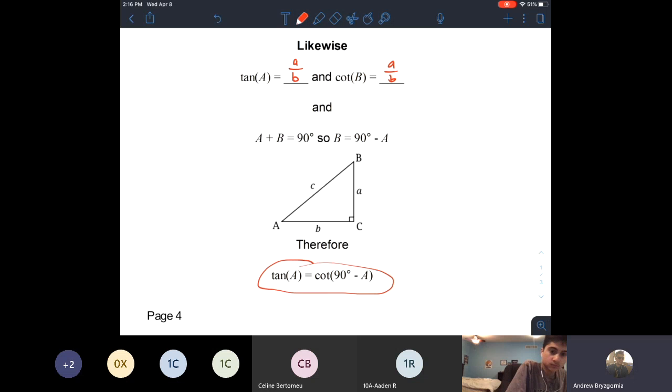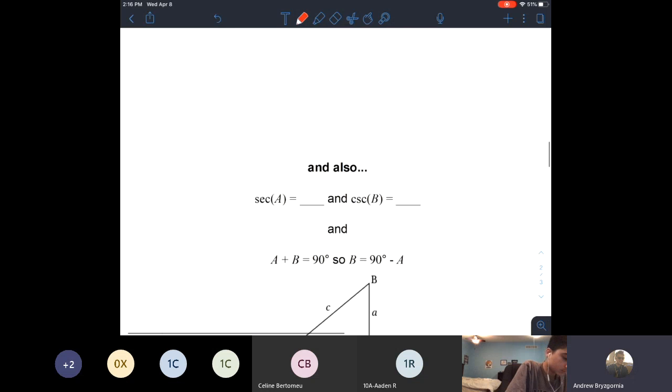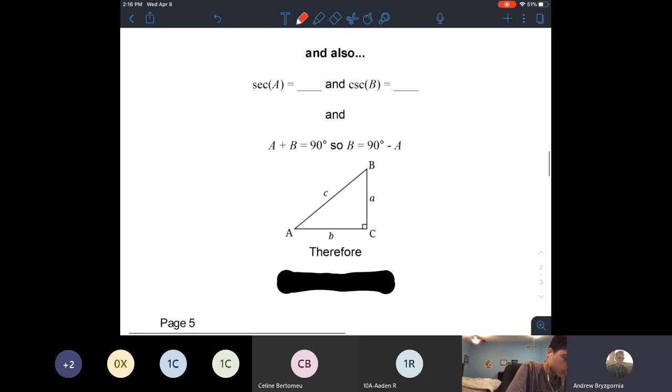Okay, and then I'm going to move on to the last one. And this is going to look just like what we did before. This time we're doing secant of A. So this might be a little trickier since we usually don't ask for secant, cosecant, and cotangent as often. But is anyone able to tell me either secant of A or cosecant of B?